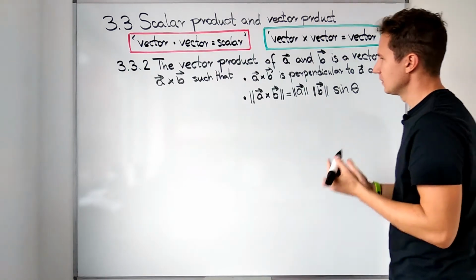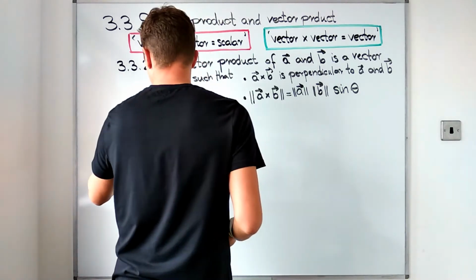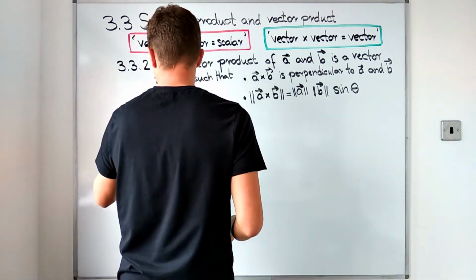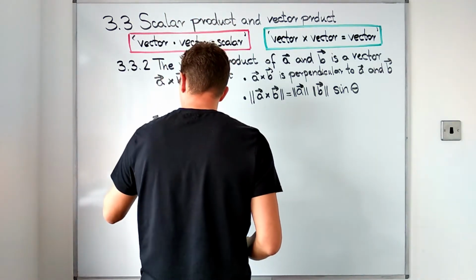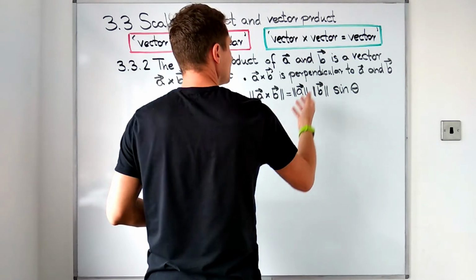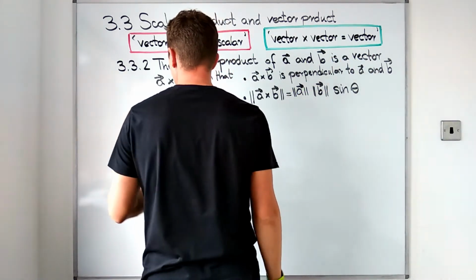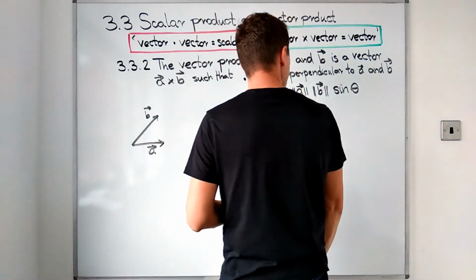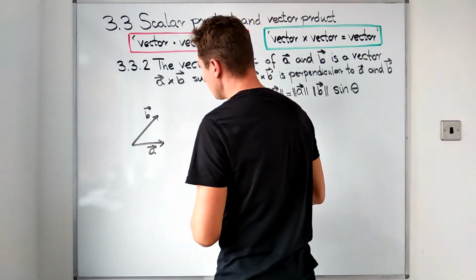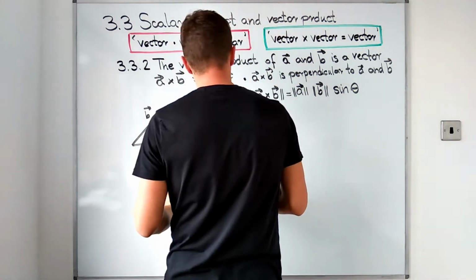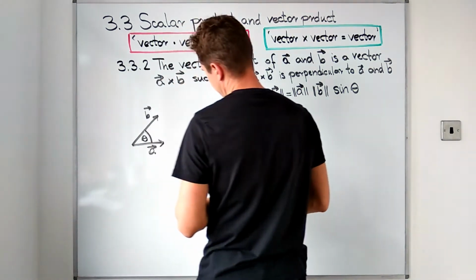So what is this length? Well, let me just try to sketch this out. So we have two vectors. You have to imagine these vectors being in 3D space, because otherwise the first condition would exclude all vectors but 0. So we have these vectors in 3D space, and the angle between them is theta.